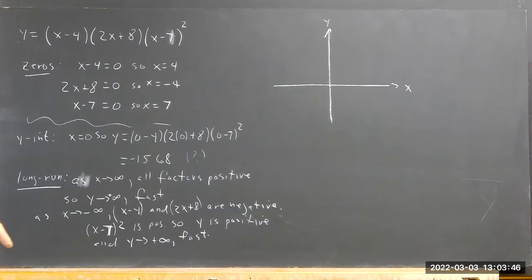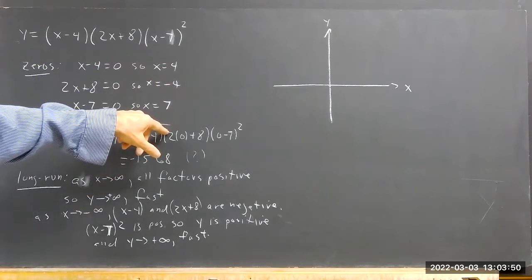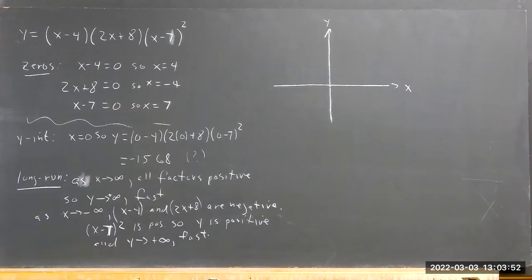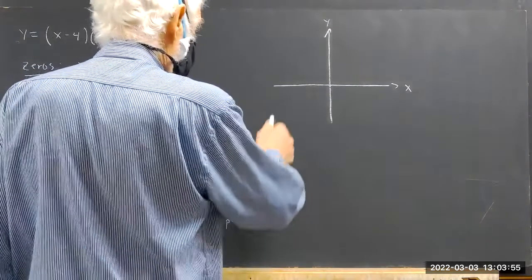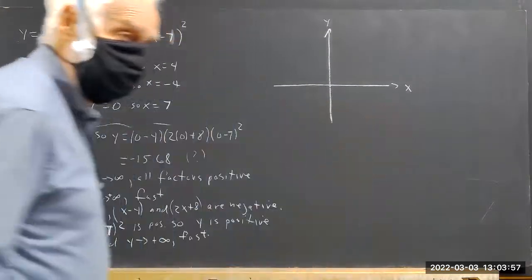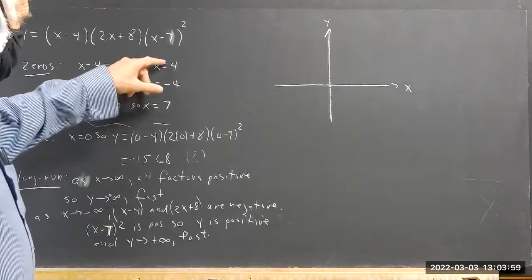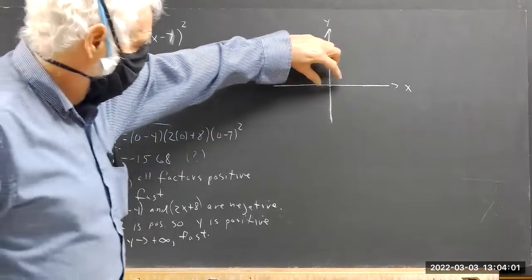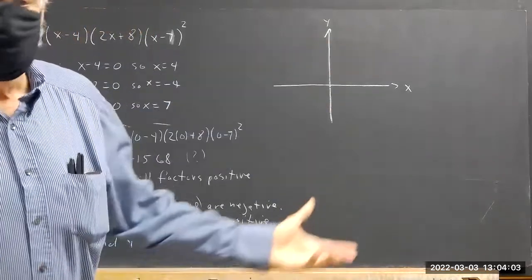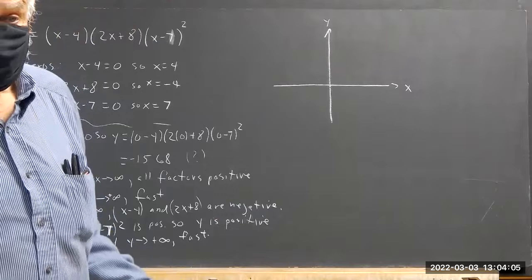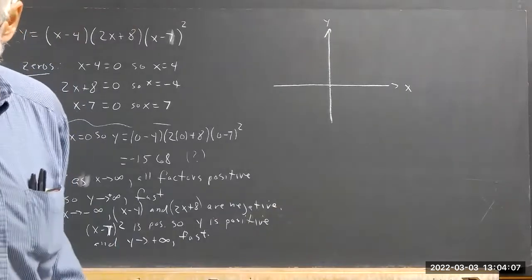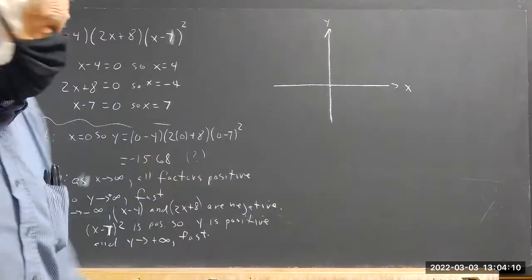All right, so my zeros occur at -4, 4, and 7, right? Well, let's put a scale in this. Let's not use a scale from -1,000 to 1,000, because then 4, -4, and 7 on the x-axis are going to be so close to the y-axis you can't tell them apart. You can't even see which side of the y-axis they're on because they're so small.